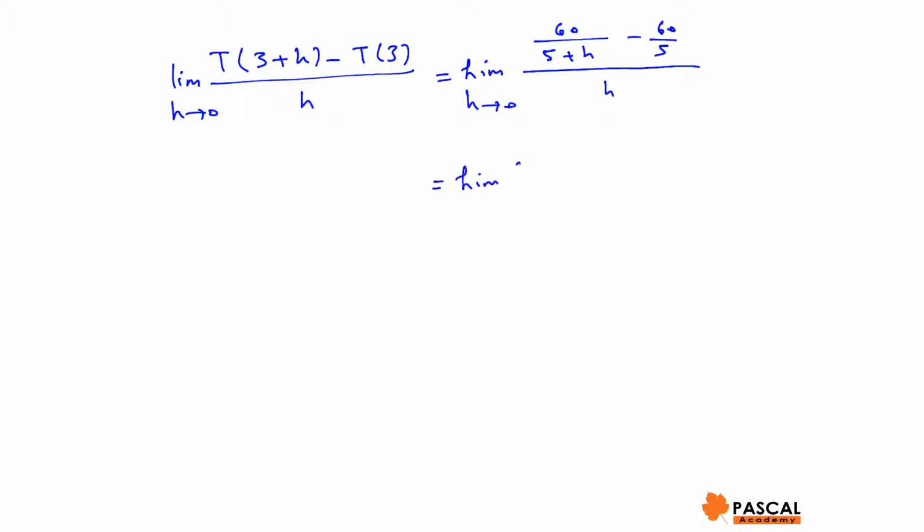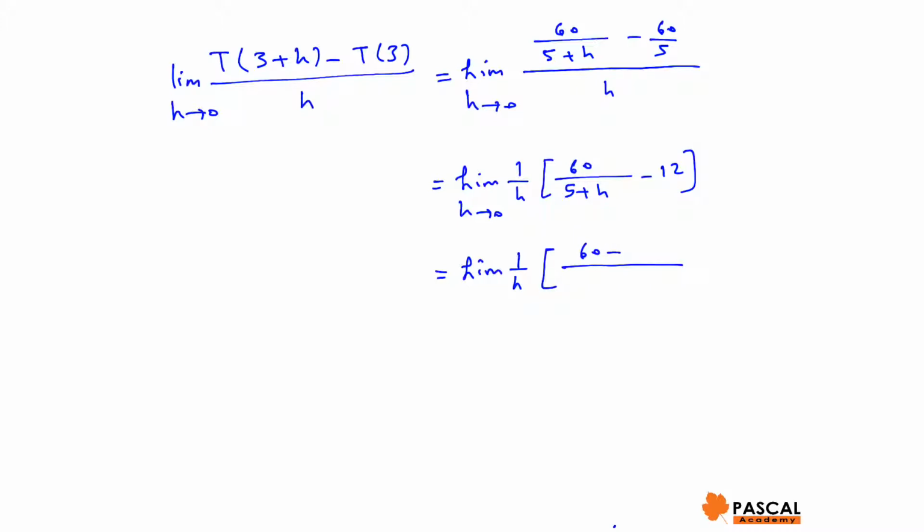This can be written as the limit of 1 over h times (60 divided by 5 plus h minus 12) as h approaches 0, which is the same as the limit of 1 over h times (60 minus 60 minus 12h) divided by 5 plus h as h approaches 0.